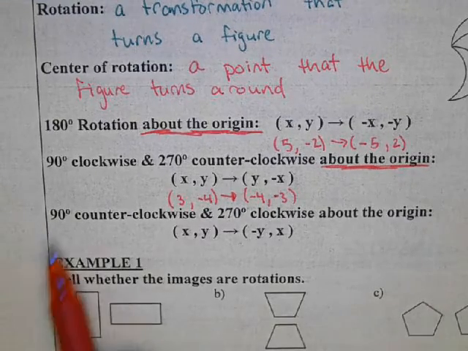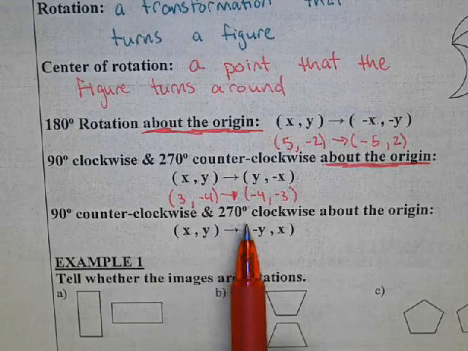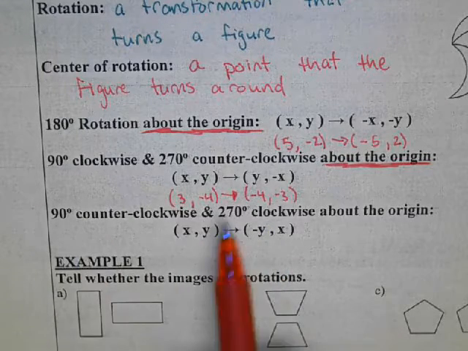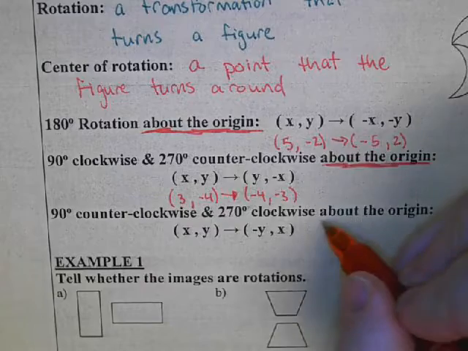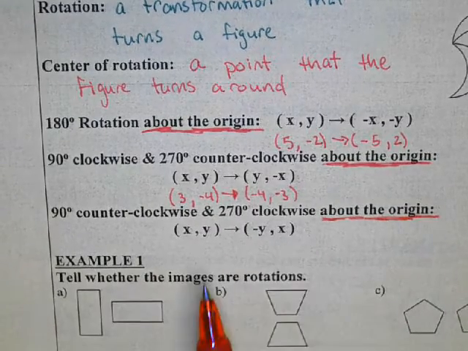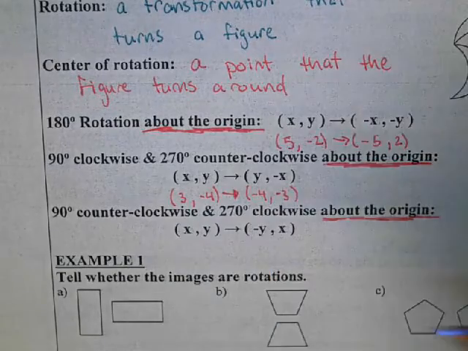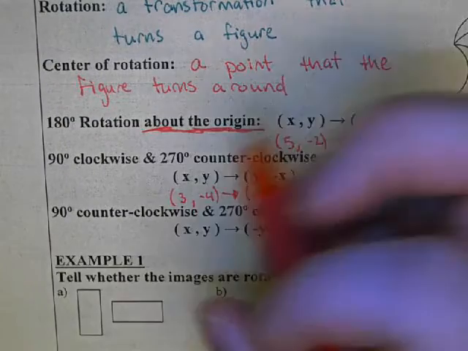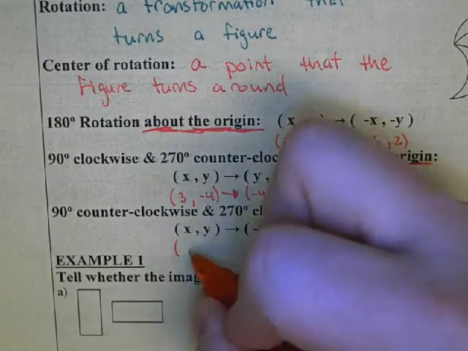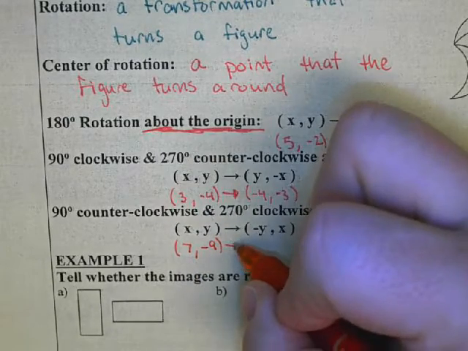And if you're doing a 90 degree counterclockwise or a 270 degree clockwise, these are again one and the same, and it's about the origin. So you can memorize this idea as well, where the x and y switch, but then the y becomes its opposite. So say I had 7, negative 9, I'm going to switch their positions.